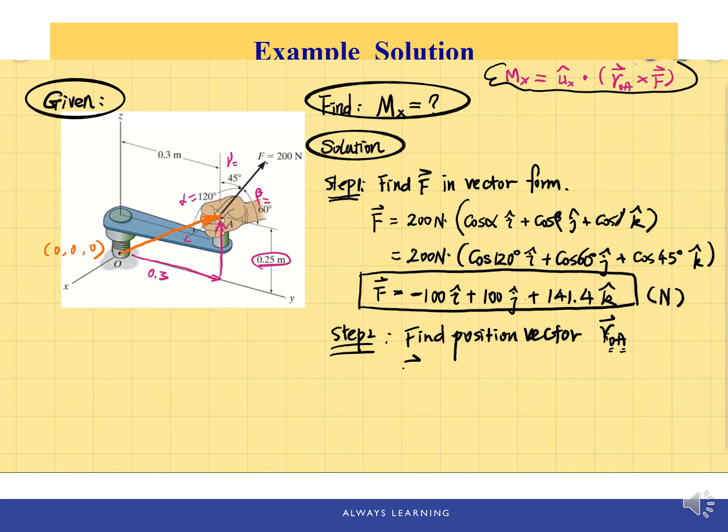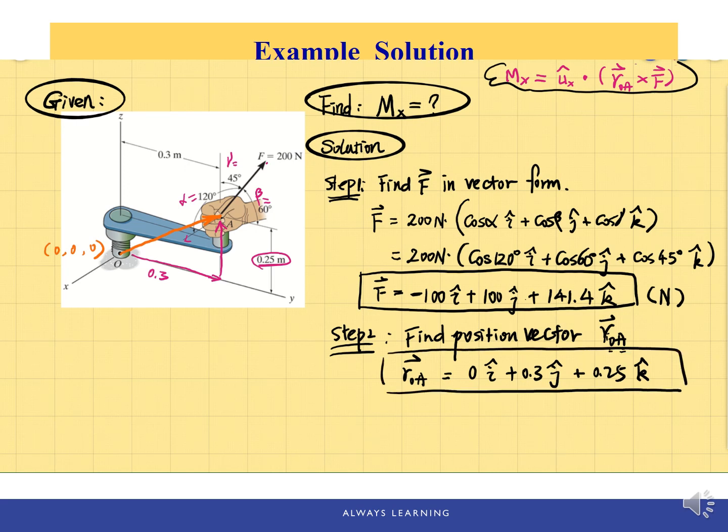So we can write our r OA directly as 0 I hat, since it doesn't have any x component, plus 0.3 j hat plus 0.25 k hat. And the unit will be meter.